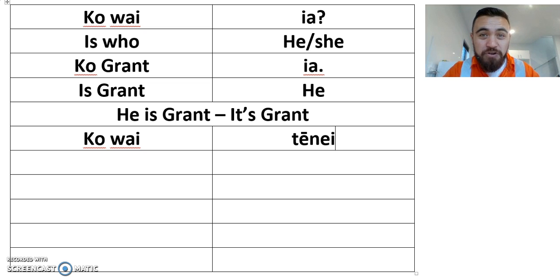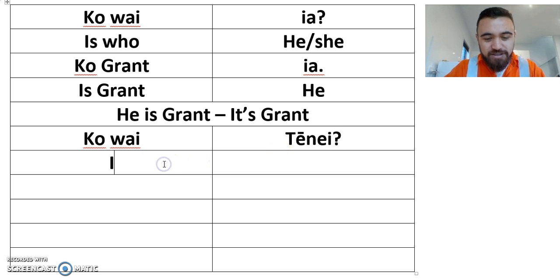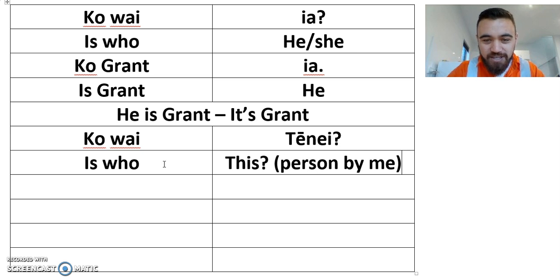Maybe I've got a photo of someone, so I might hold my phone up with a photo of someone, and I can say KO WAI tēnei to the kids, and then they might respond with, they don't always, because they don't always speak Māori, whoever it is, KO Josh tēnā. So then there's that switch of the tēnei and the tēnā. We'll get to that. So KO WAI tēnei is who this, and we're talking about the person by me, as by me is me being the speaker.